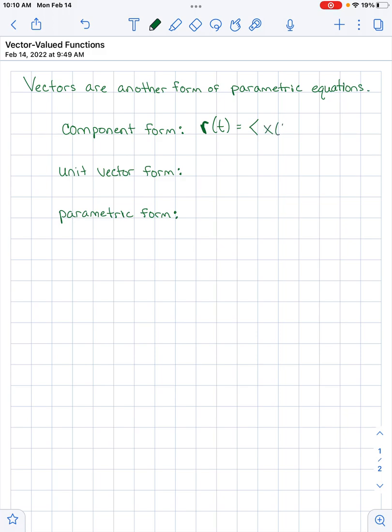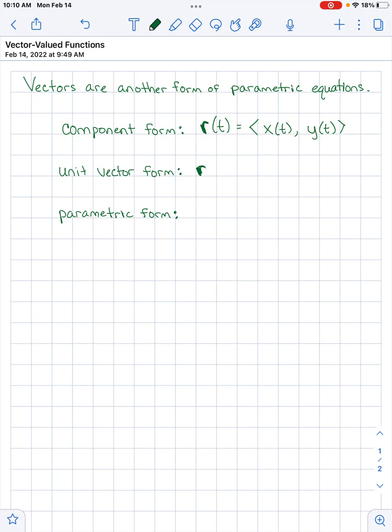Writing it in component form is how we've been writing parametric equations and polar equations, where we look at the x component and the y component separately, and how those components are determined based off of a parameter. In this case, t is the parameter. So how is x changing as time is changing? How is y changing as time is changing? The big thing to note is those pointy brackets around the components.